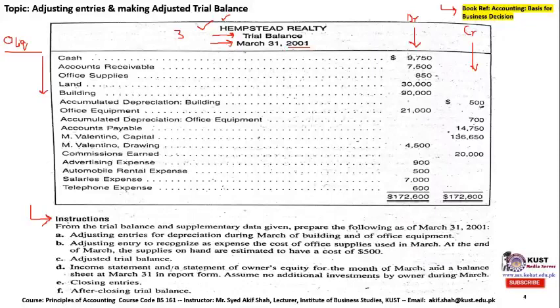Like these balances were selected from the previous step number 2, the ledger accounts' final balances, and they have been put into the trial balance in this fashion. And finally, this trial balance means we are going to have a trial of our balances in the ledger accounts.